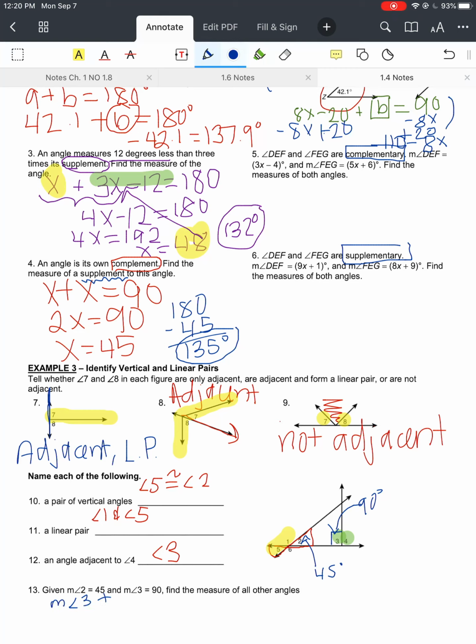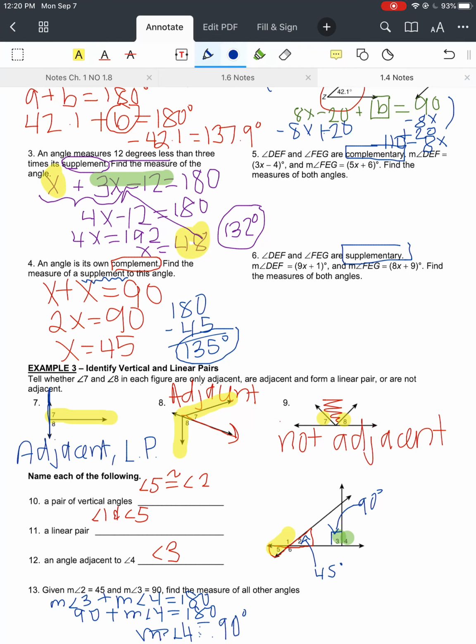So angle 3 plus angle 4 would have to equal 180. I know 3 is 90, so I could go ahead and substitute that in. So with some simple subtraction, you should quickly notice that the measure of angle 4 also has to be 90 degrees. Getting messed up with the writing there, but that's okay.